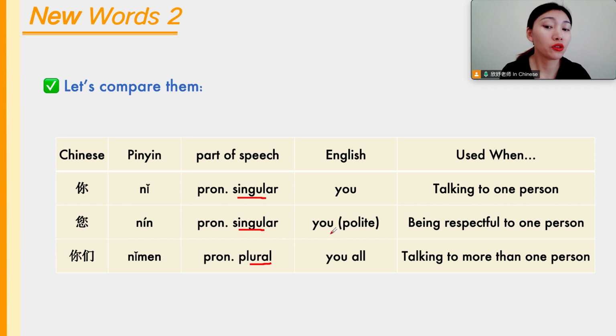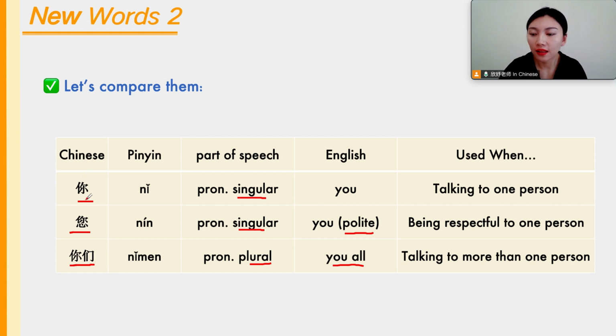And 您 also means you, but in a polite way, being respectful to one person. But 你们 means you all, talking to more than one person. To sum up, 您 is the polite version of you, and 你们 is a plural form of you.